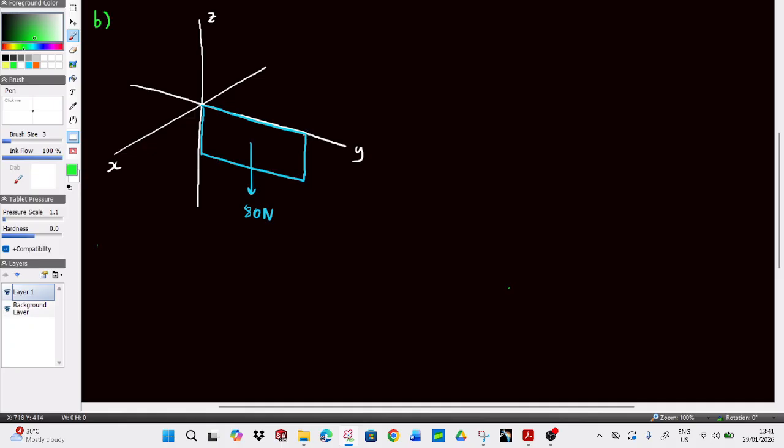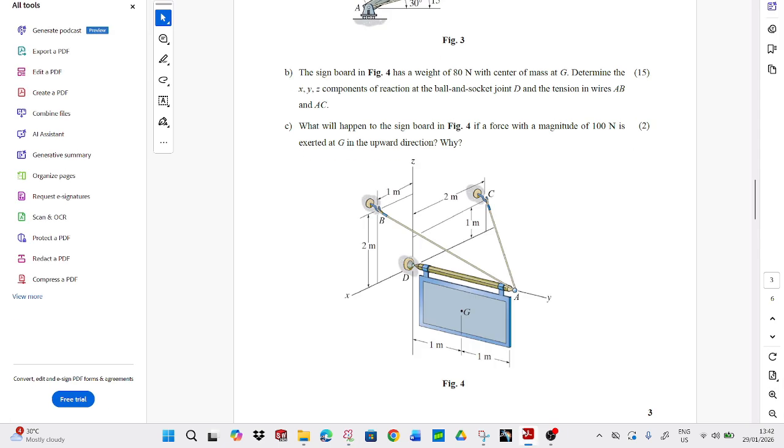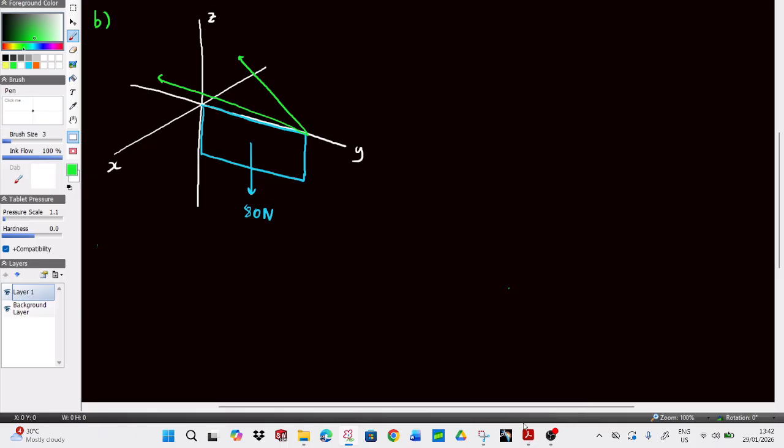We have the cables that are here, and they have given the directions to be 1 and 2. So from here is 2 meters. They give the position vector.